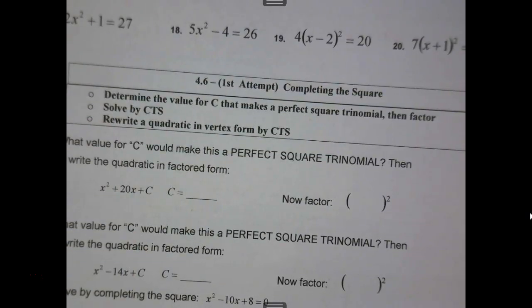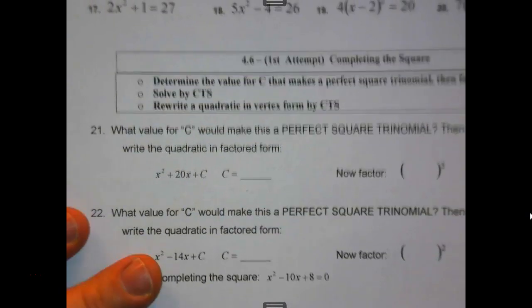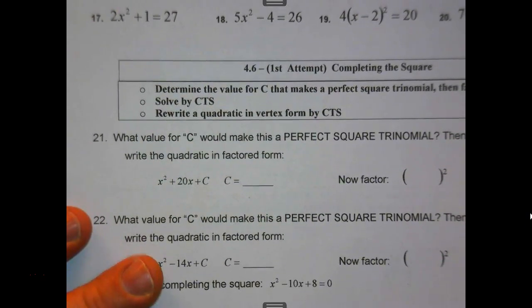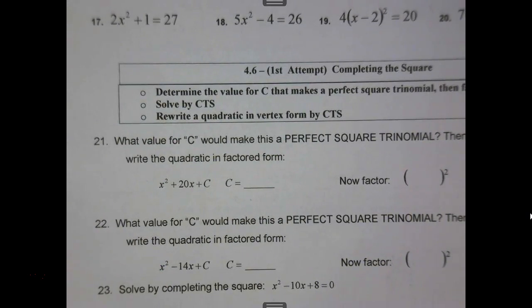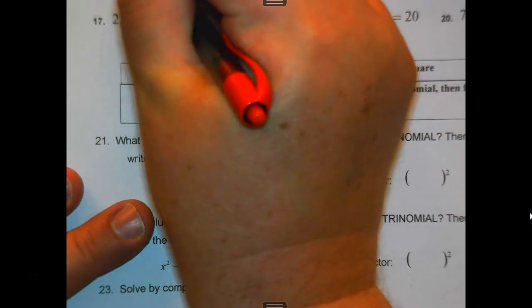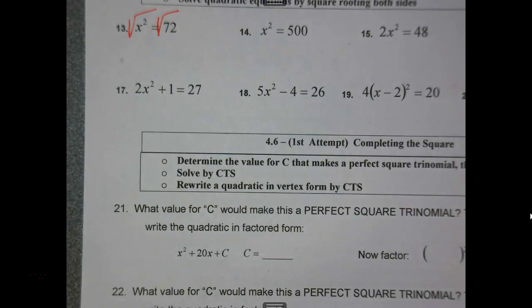Number 13. Solve by square rooting. This is where you guys had to simplify underneath the radical. Remember that? You're going to use your yellow flowchart, which has the perfect squares on it. What's the largest perfect square that's a factor of 72?